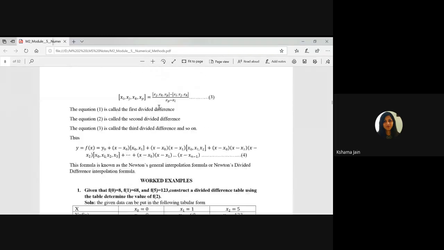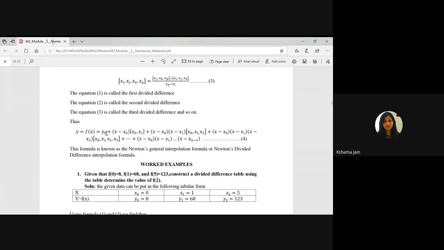So Newton's divided difference formula says y is equal to, you need to learn this, y0, the initial value of y, plus (x minus x0) into [x0, x1], the first divided difference, plus (x minus x0)(x minus x1) into [x0, x1, x2], plus (x minus x0)(x minus x1)(x minus x2) into [x0, x1, x2, x3], and so on like this. You need to learn this formula.